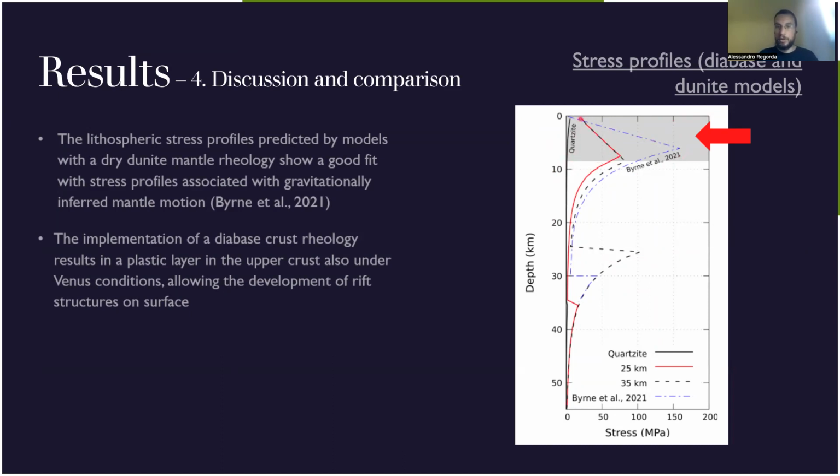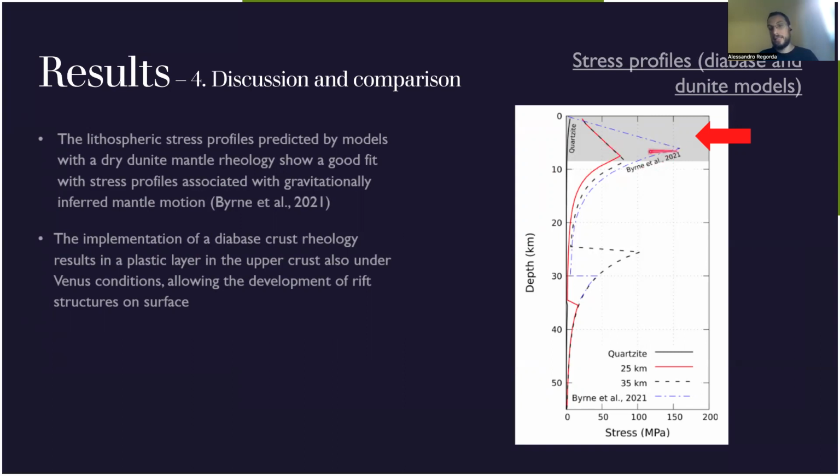However, first of all, we can see that a stronger rheology is needed to have this plastic layer. While if we consider a quartzite rheology for the crust, all the behavior is a creep, so no plastic layer. Our layer is similar in thickness to what was observed or inferred by Bern.